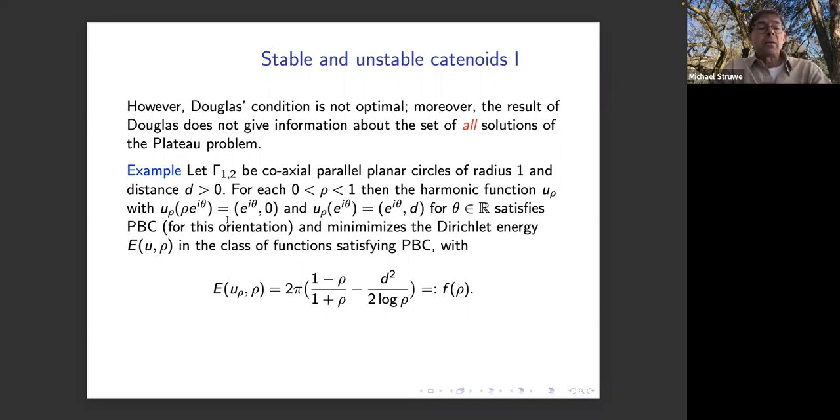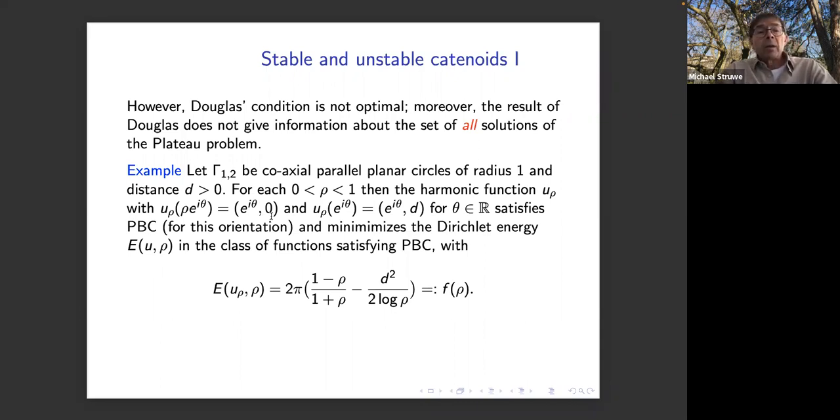So on the inner circle, u rho at the point rho times e to the i theta should simply be given by the point (e to the i theta, 0) in R3, where I represent R3 as the complex plane times R. So the first two components are given in complex notation as e to the i theta. And the third, the z component, is simply 0.